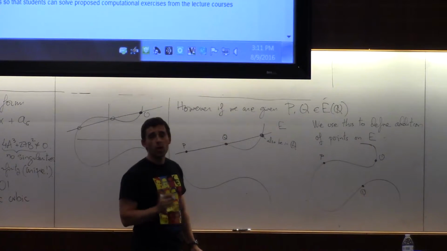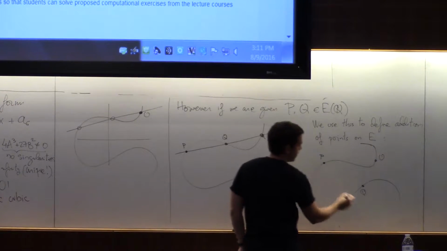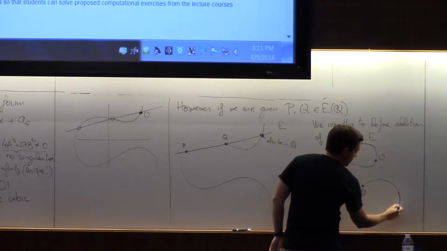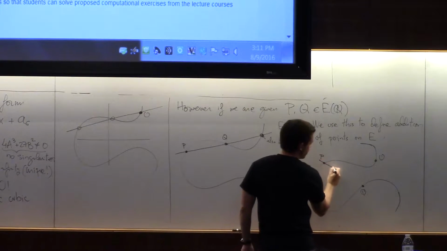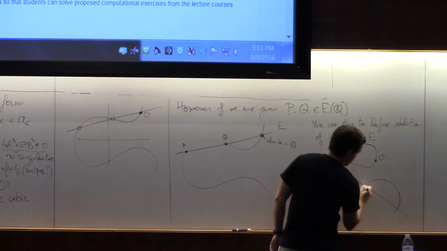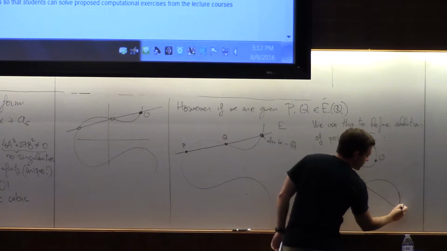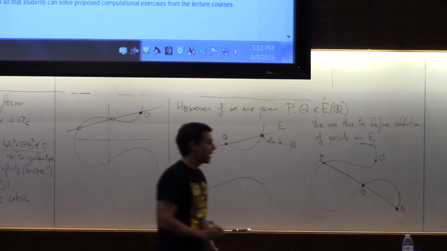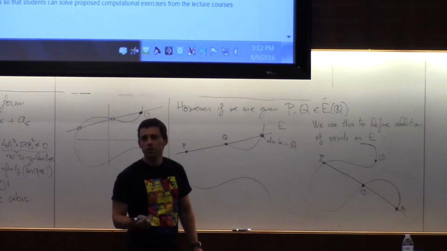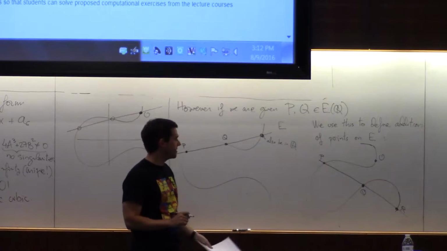So the way we define it is that, well, what would look the easiest is I do this. This third point here is going to be rational, and call that P plus Q, but that has some technical problems.